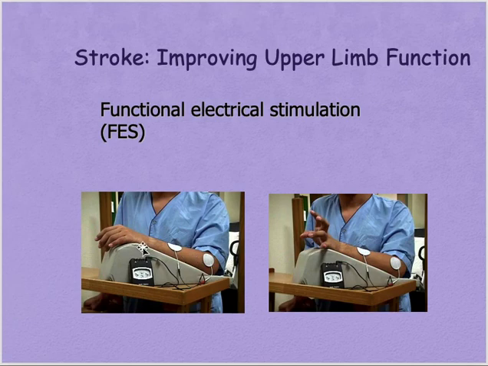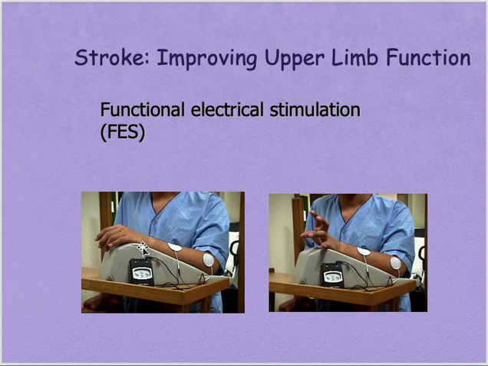This is proven: when they use this kind of therapy, it does have a good effect on the patient. So functional electrical stimulation can be done in these patients, which improves the outcome. Muscle contraction is there, of course. So this is one of the things which can be done.